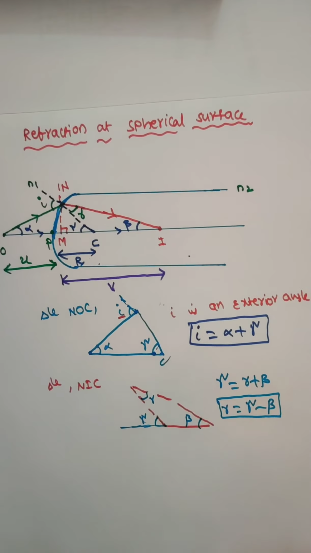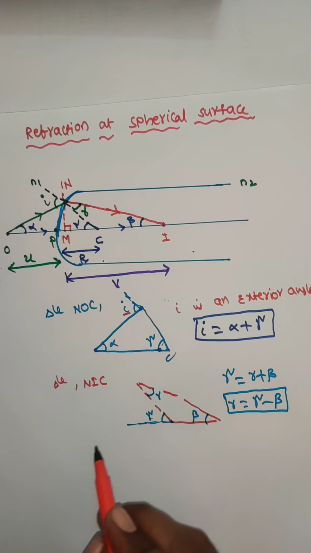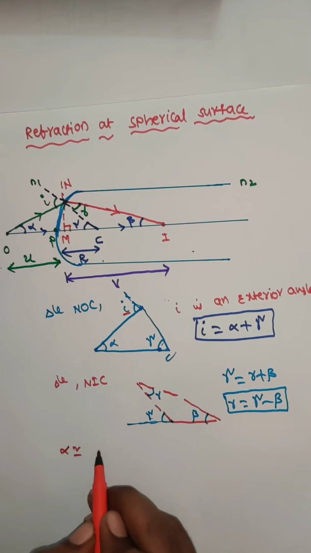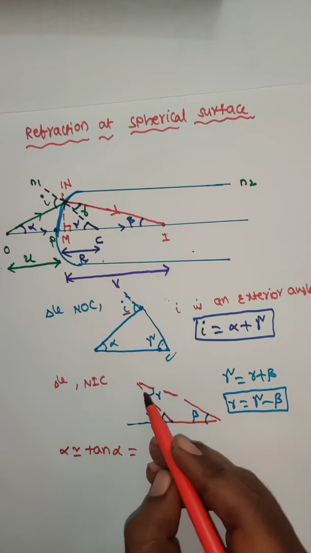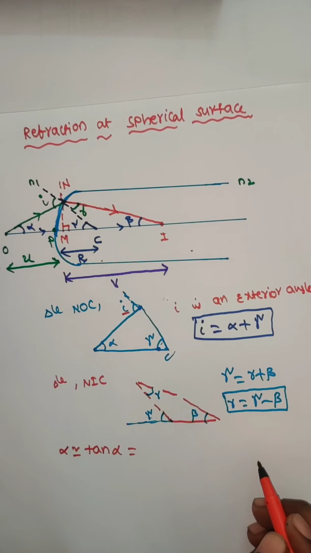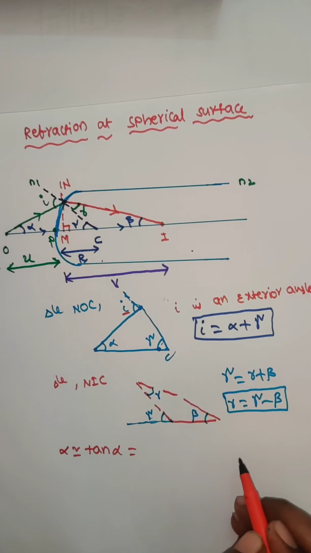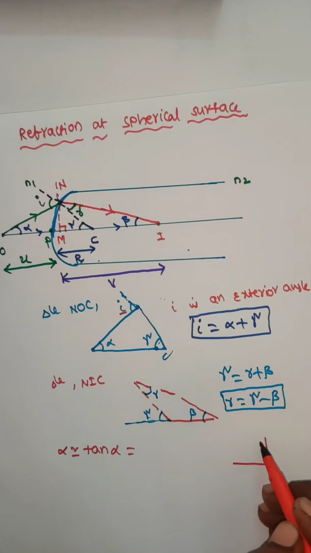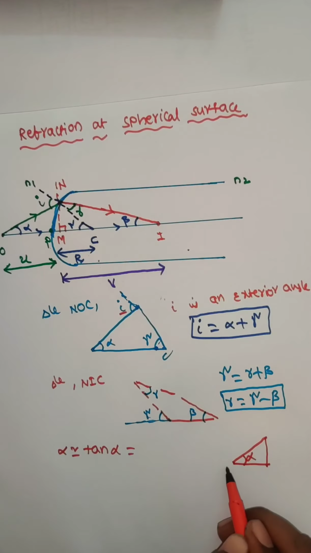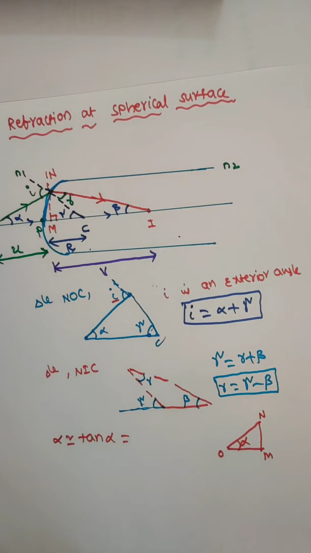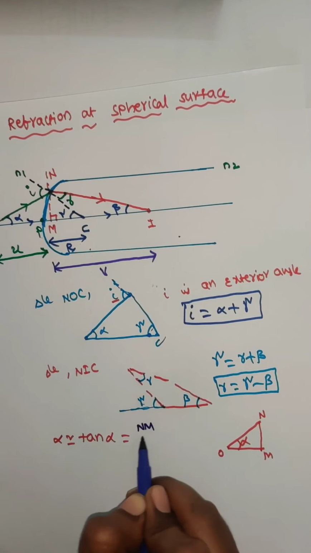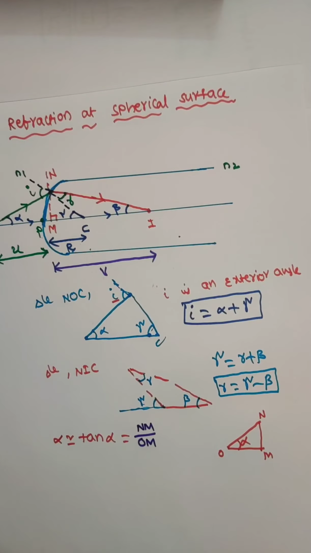So from the diagram, here the angles are so small, I am going to write that approximately tan alpha is equal to, from the triangle, this is alpha at the point O, this is M. P and M are close, so you can assume them as the same point, this is N. From the triangle, tan alpha you can write as NM by OM.